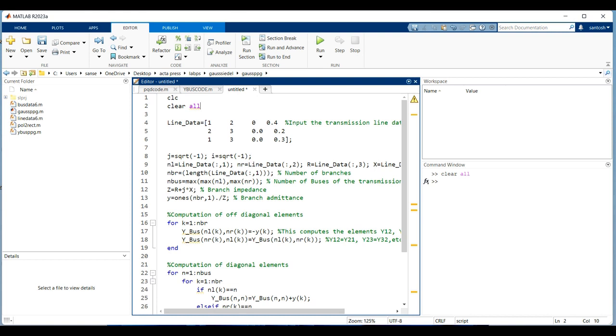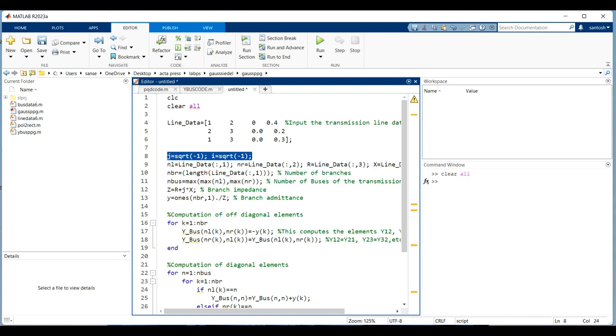Similarly, the bus number 2 and 3 branch R value is 0 and X value is 0.2. Similarly, the branch between 1 and 3 bus is R 0, X is equal to 0.3.